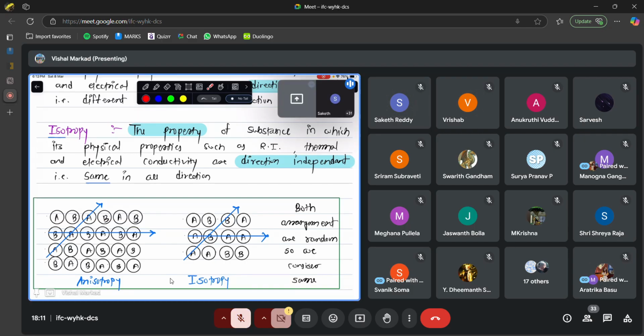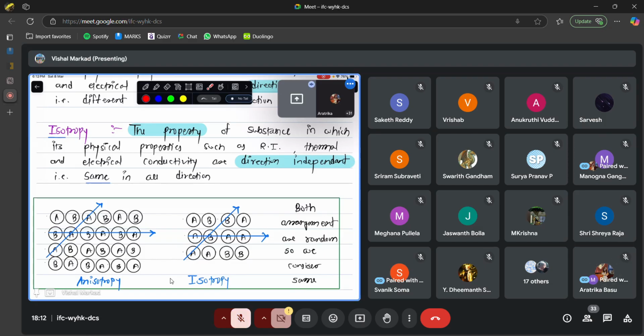So can I say crystalline solids are anisotropic in nature? Means for crystalline solids, their properties are direction dependent. For this direction there is one property; if I change the direction like this, I am getting another property, meaning that value will be different. Let's suppose if the melting point here is 50, here it will be 30. Clear?